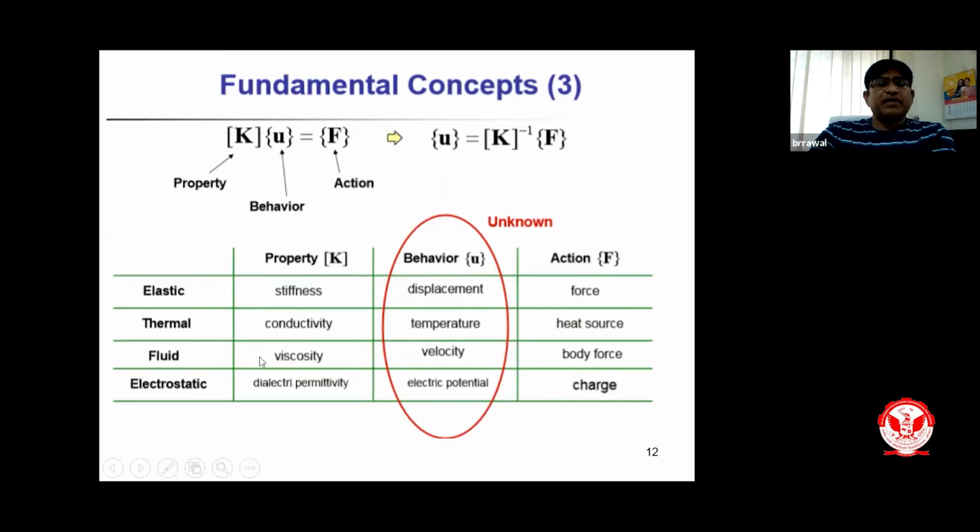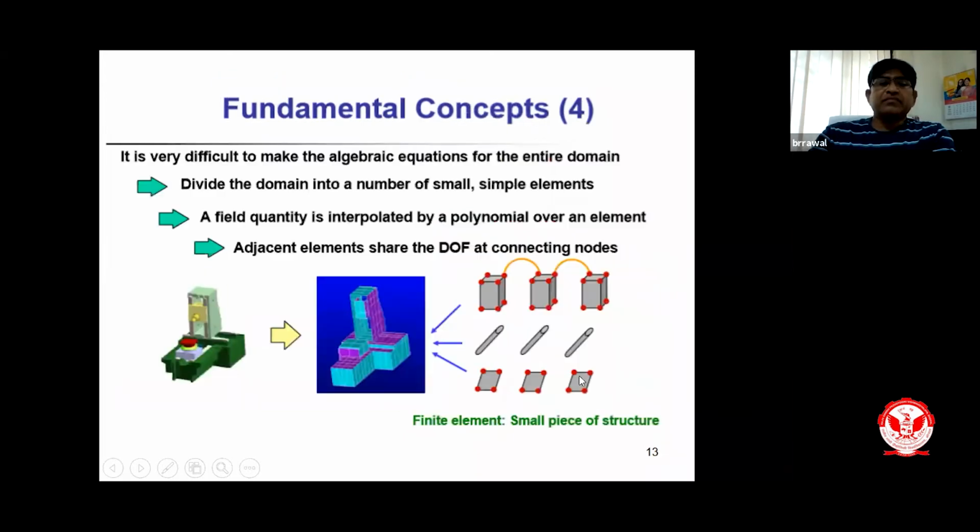Here the property given is viscosity, and we are interested in finding the velocity. And here the action is body force. For electrostatic analysis, the property is dielectric permittivity, the unknown behavior is electric potential, and for action, here the charge is there.